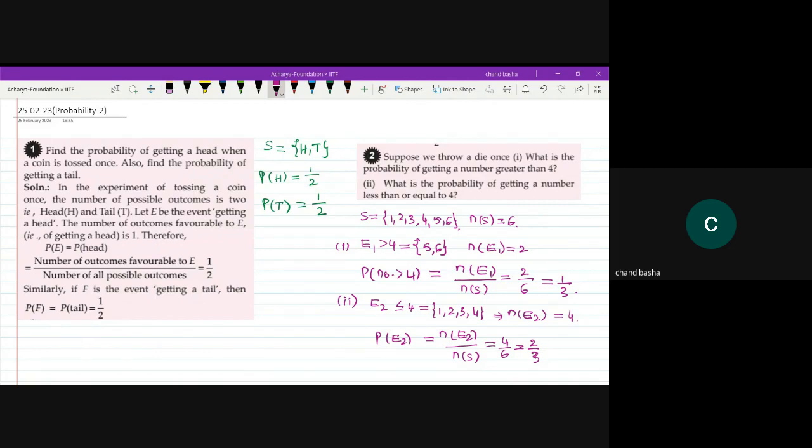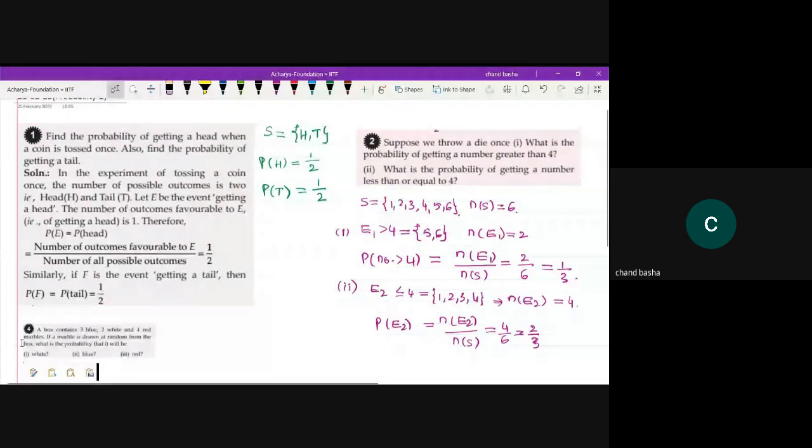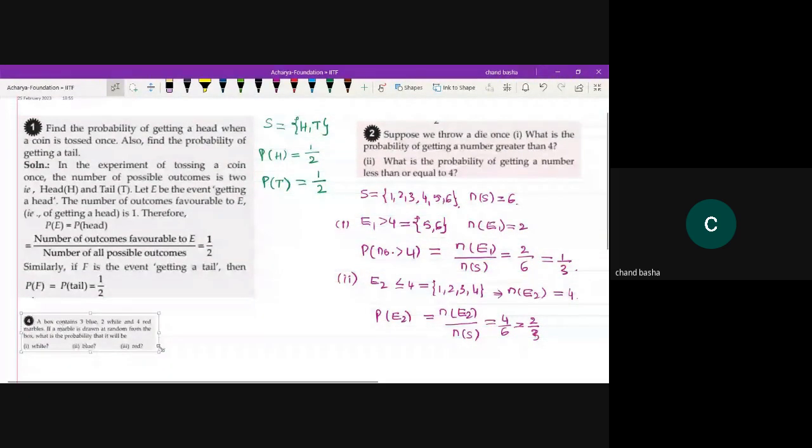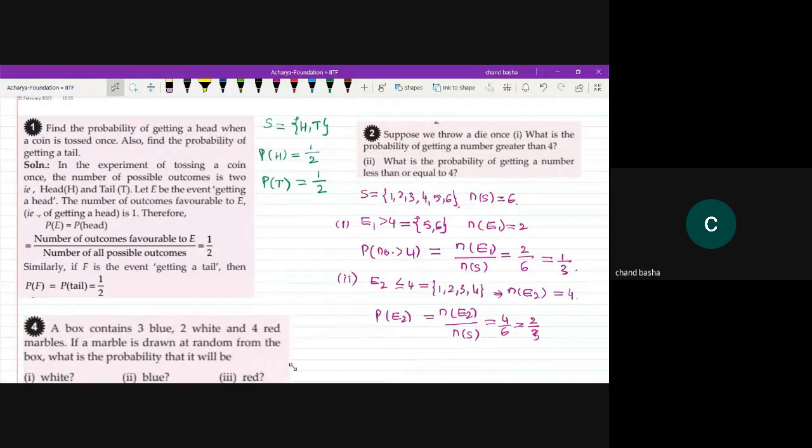I'll go for the next example so that we can have this type of questions also. Let's try to discuss even this type of questions. Yeah, so we can have another question. One box is there, that box containing three blue, two white, and four red marbles.